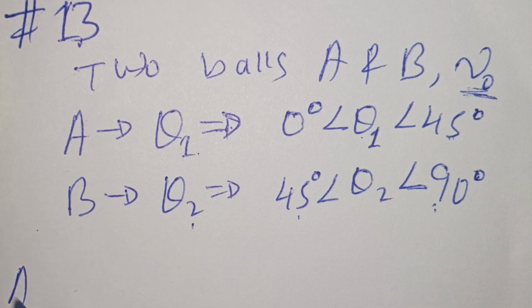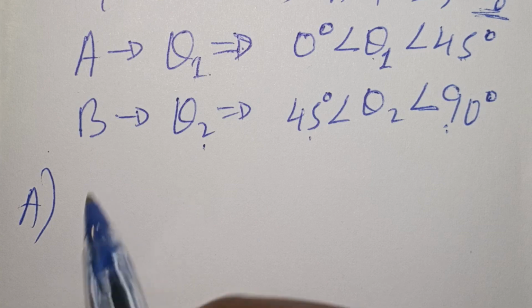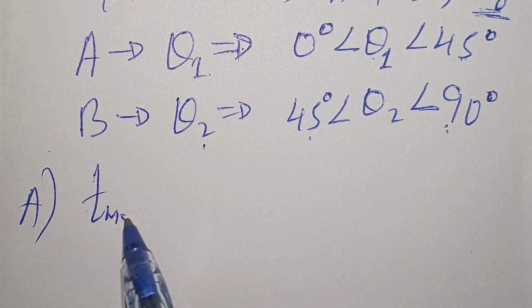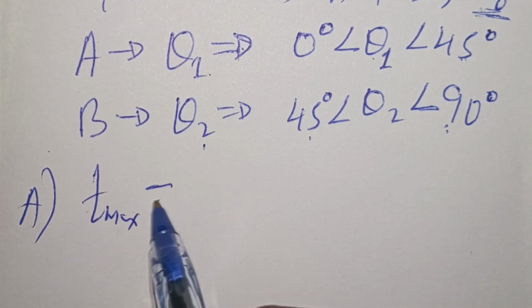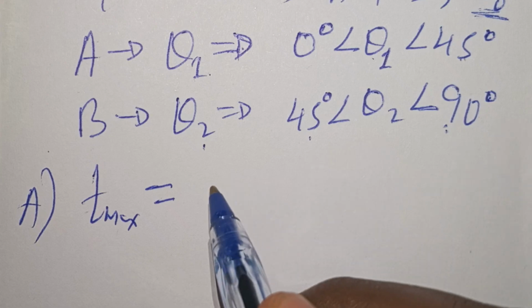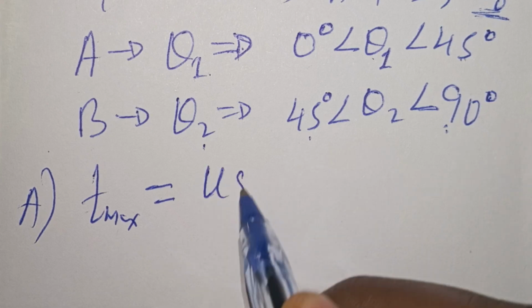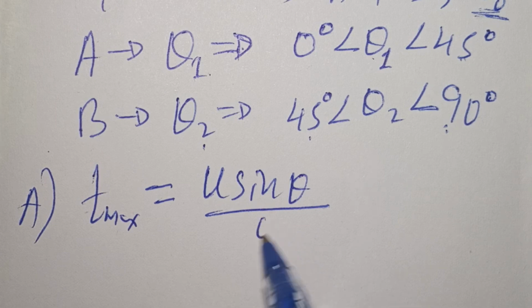So alternative A says that ball A takes longer time than ball B to reach its maximum height. So we know that the time to reach maximum height of the projectile is given directly by u times sine of the angle of projection divided by g, gravity.